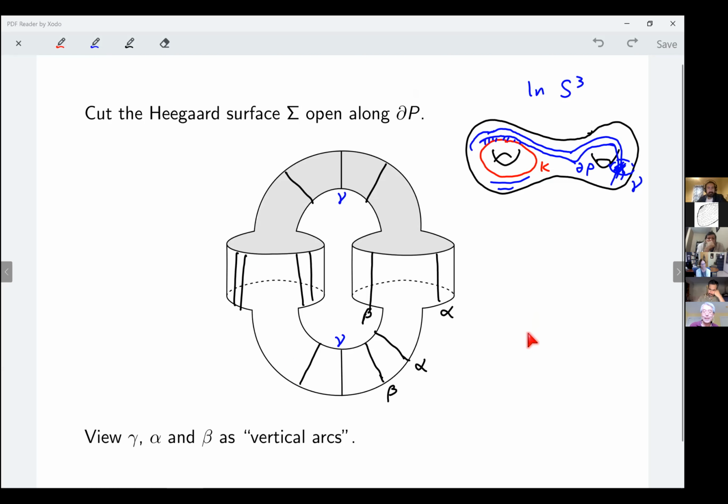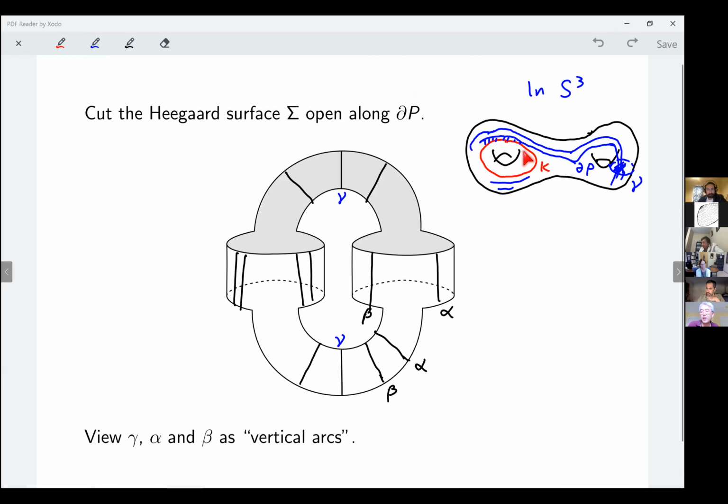And also, the picture we're trying to look at is we take this Heegaard surface, genus 2. Now we cut this surface open along the boundary of the planar surface. Okay, so if you cut open that, let's look at, for example, the planar surface. This is in the S3 picture, this planar surface, and it's no longer a punctured disk.